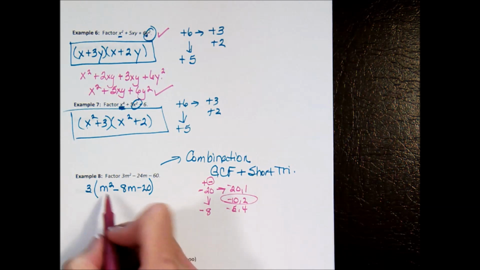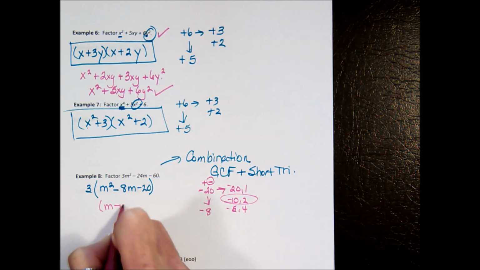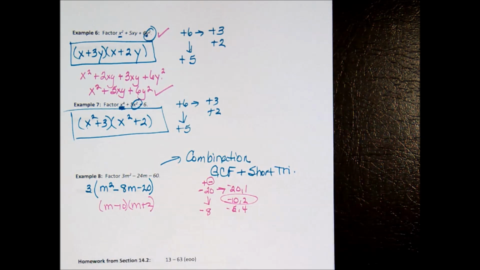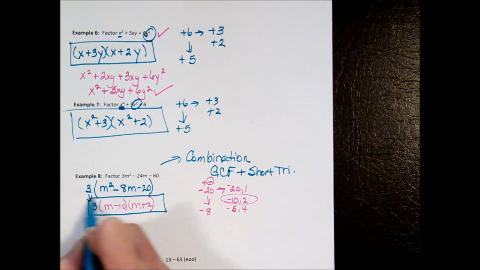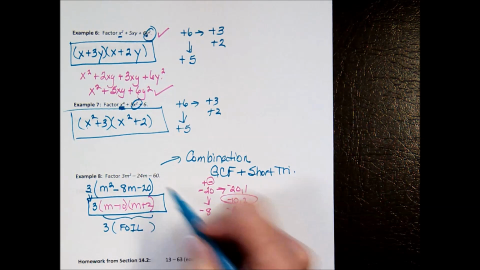So this part of my problem is going to be m minus 10, m plus 2, but we're not finished until we bring this GCF down and it becomes part of our factoring. So if you were going to check this, you would FOIL this part, you would FOIL that, and then you would multiply whatever you got times 3, and it would check.